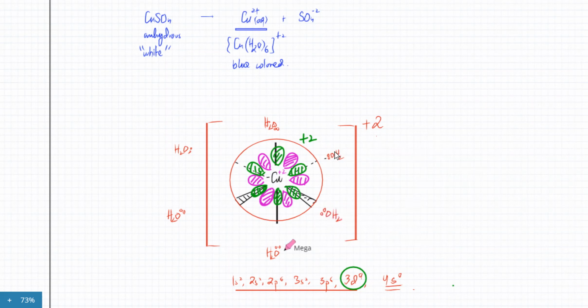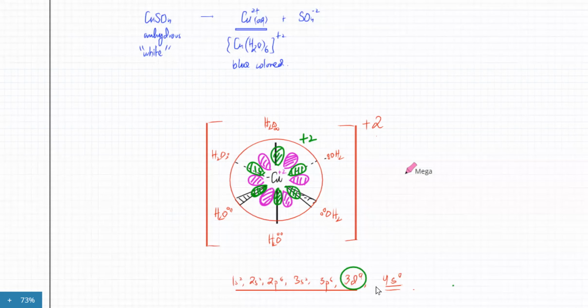Think of the d subshell and all the other subshells as the inner shell of the atom. All these water molecules are coming in and are attracted to the copper +2. This circular thing is your copper +2 ion, and that's your d subshell with 9 electrons.